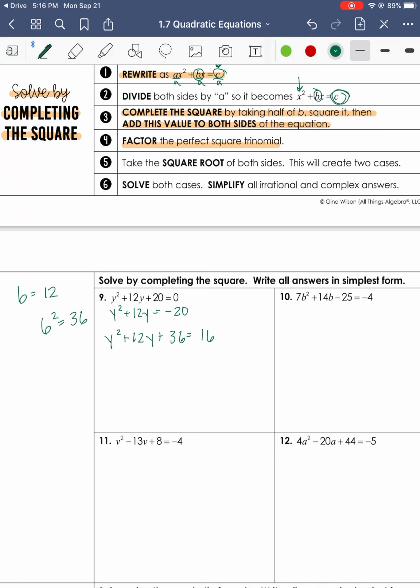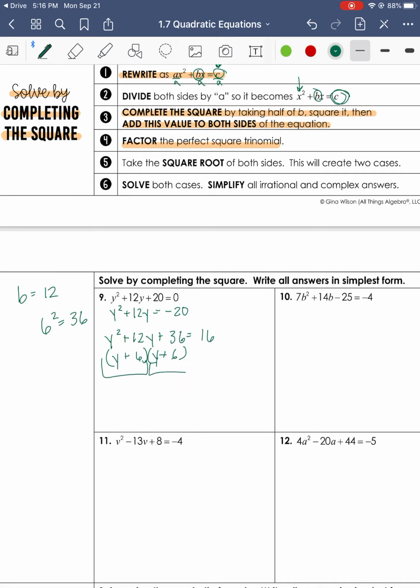Then we're going to factor this trinomial over here, okay? And this is a perfect square trinomial, right? We built it that way. If we want to just factor it like a normal trinomial, it'll be y plus 6 and y plus 6.